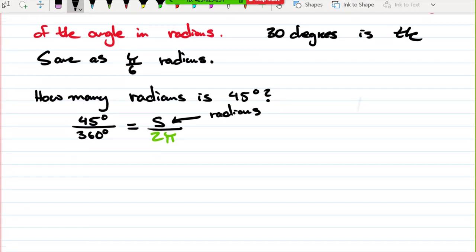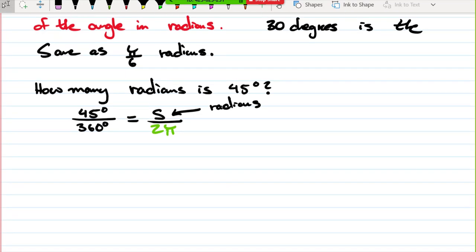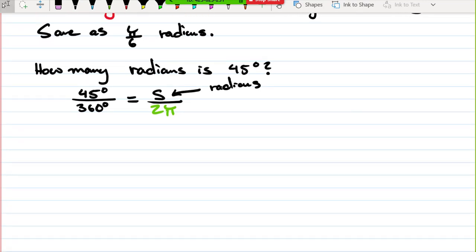So if I multiply both sides of this by 2 pi, but before I do that, let's simplify. How many times does 45 go into 360? Well, that's going to be 8 times. So the left-hand side reduces to 1/8 is equal to S over 2 pi.